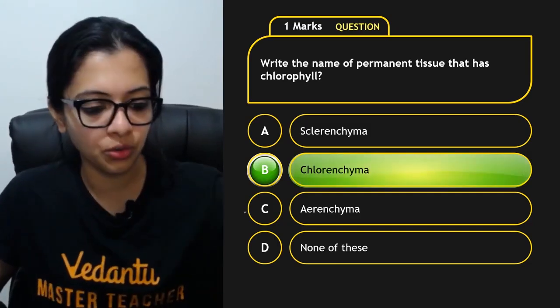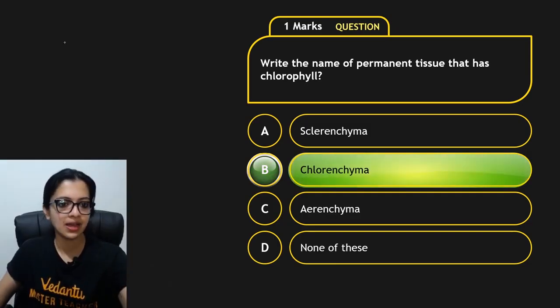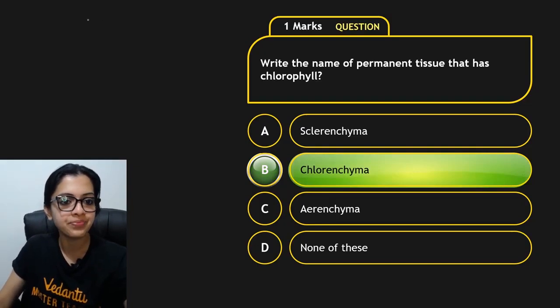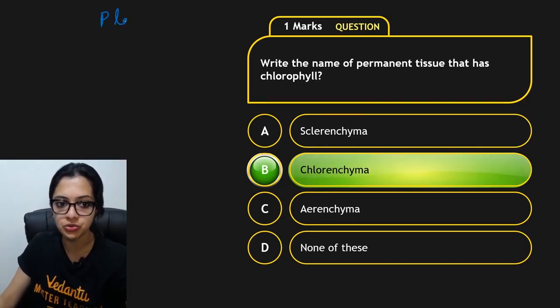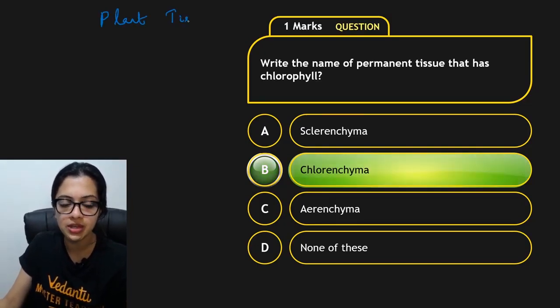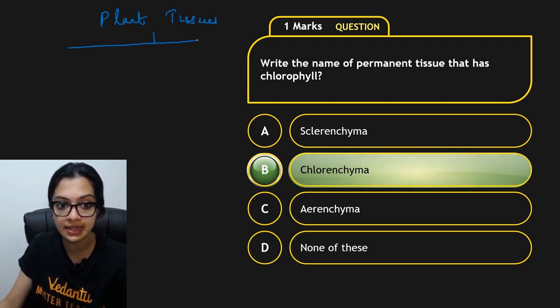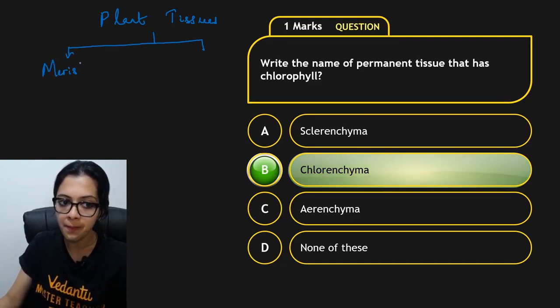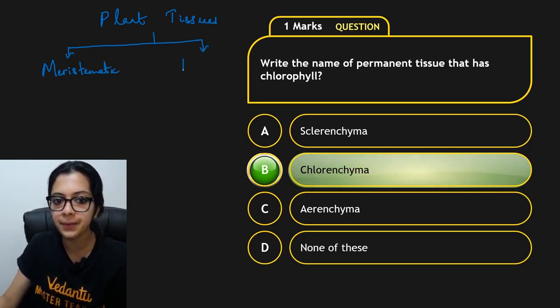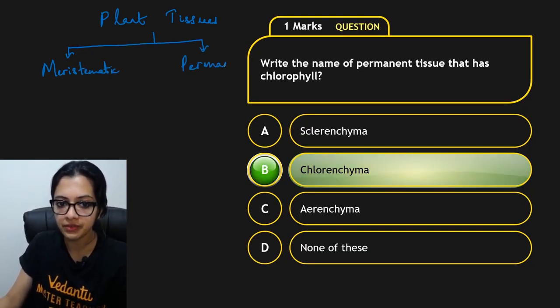Remember, children, okay, let me just become a little smaller. Now remember, plant tissues. I'm just helping you revise this. I'm not going to be discussing this in detail; we've done that several times already. Plant tissues are divided into two: meristematic and permanent.